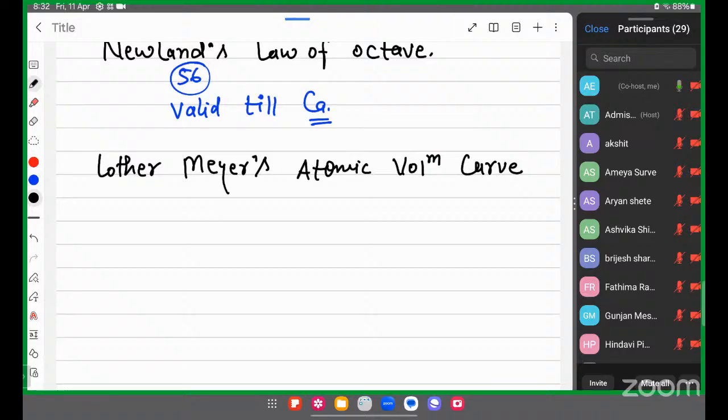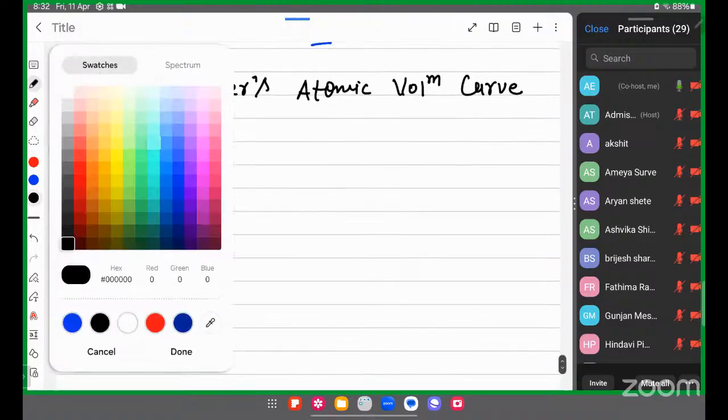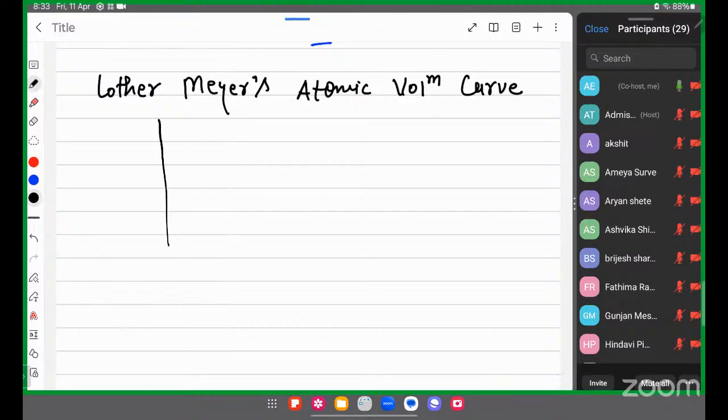And the curve is like this. We have two axes, x-axis and y-axis. We will take some property of the element on the y-axis and atomic mass on the x-axis. So atomic mass on the x-axis and property on the y-axis, and this property is atomic volume.